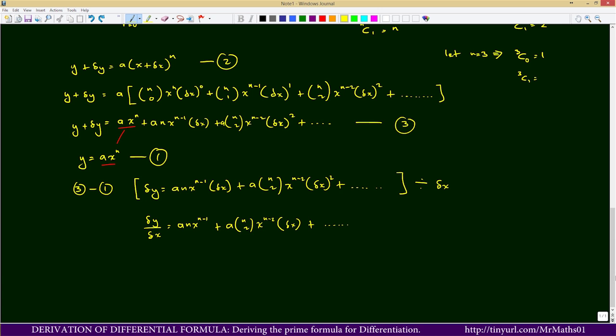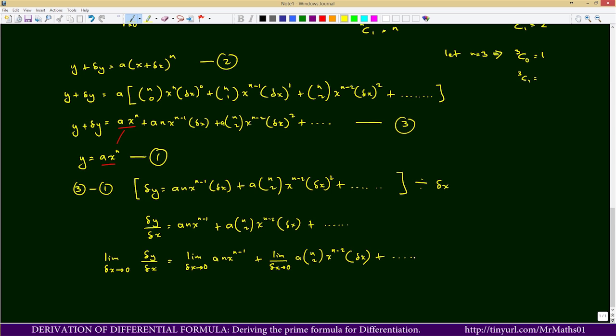Now, let's apply the limit. So if I have the limit as delta x approaching 0, we are coming to the end, that is equal to the limit as delta x approaching 0 of a n x to the n minus 1 plus the limit as delta x approaching 0 of a n choose 2 x to the n minus 2 delta x plus everything else.